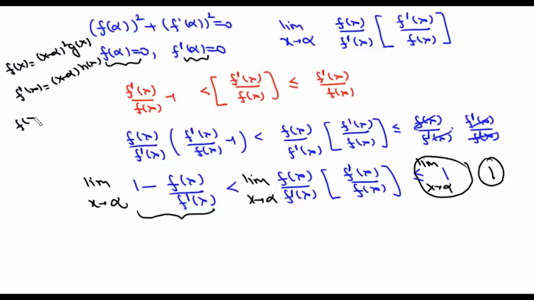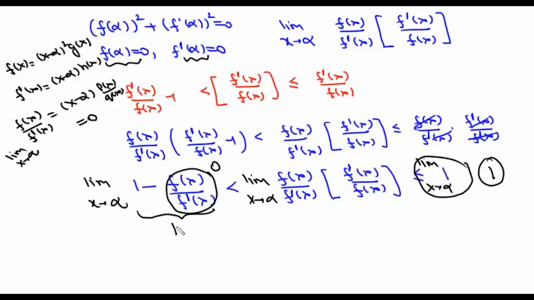So this f(x) upon f'(x) will have (x minus α) and then some ratio of polynomials p(x) upon q(x). Now if we take this limit x tends to α, here α minus α will be 0. So the value of this limit is 0. So this expression will take the limiting value 0.